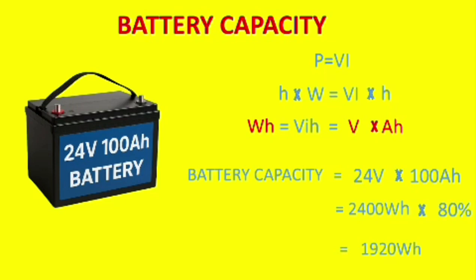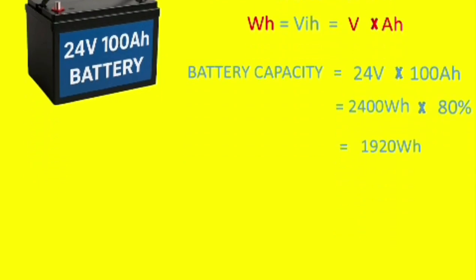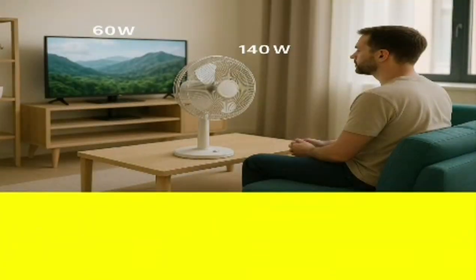Now after you calculate this battery capacity, you need to know the load capacity of your home. As an example, imagine that you have an LED TV which has 60 watt of power consumption, and also a table fan whose power consumption is 140 watt.